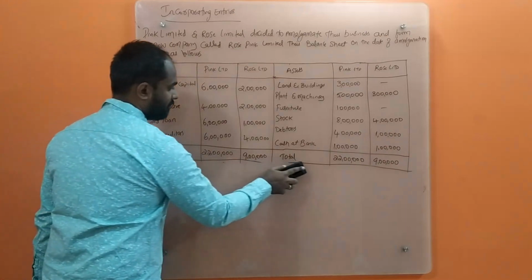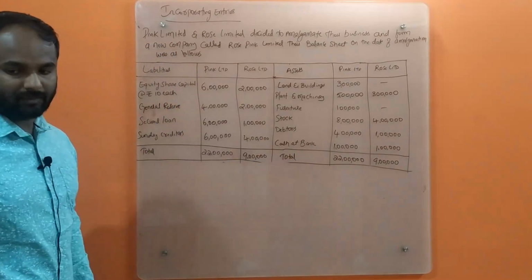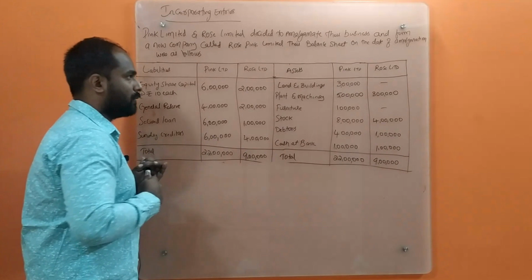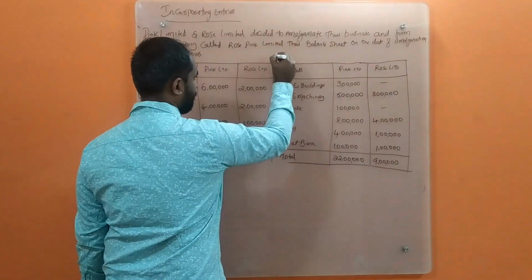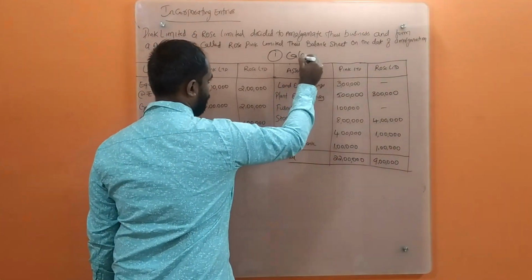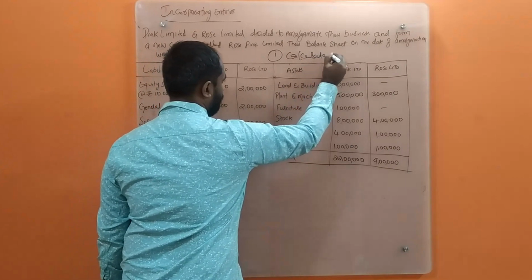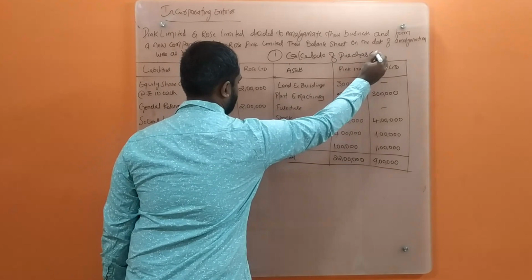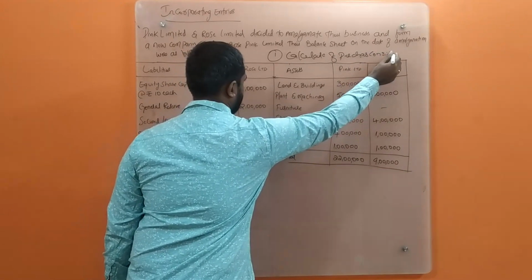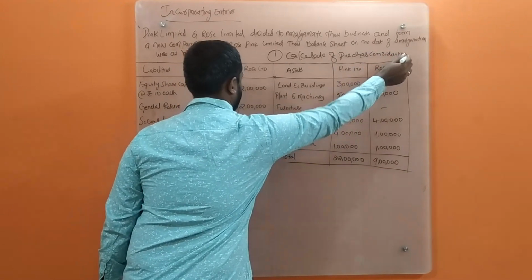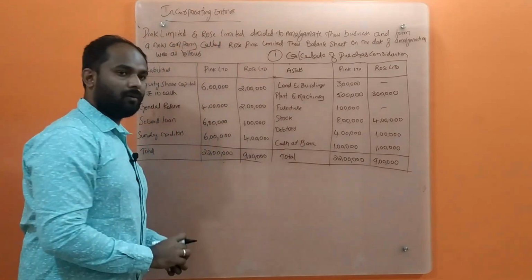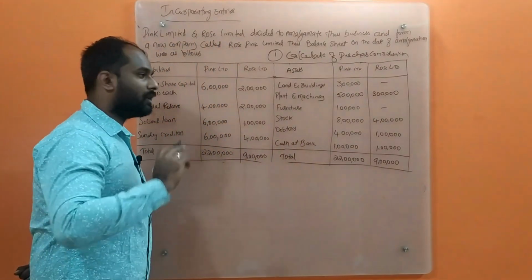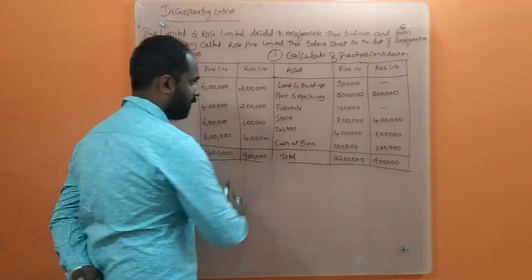So first thing what I should do is the calculation of purchase consideration. In the sum, they have told us to take over all at book value, so we will not do any calculation.